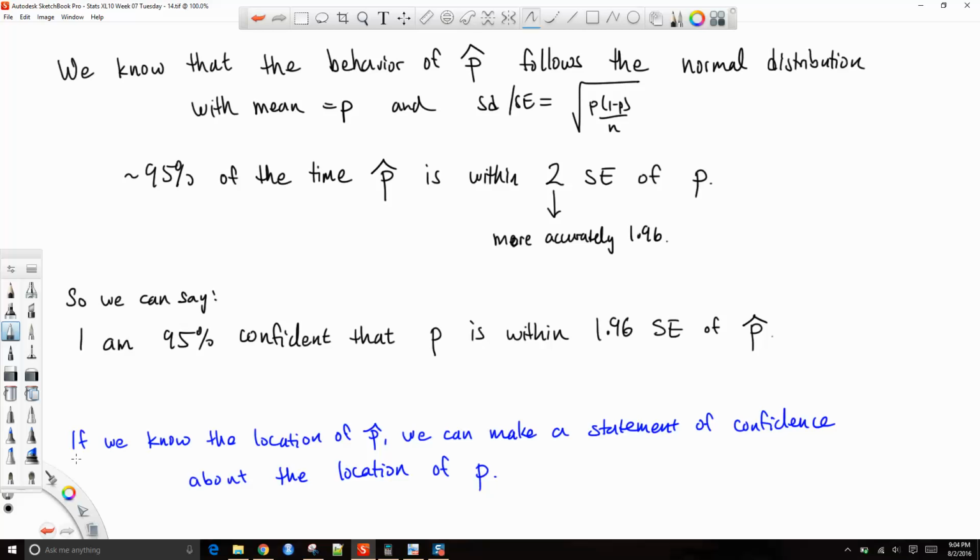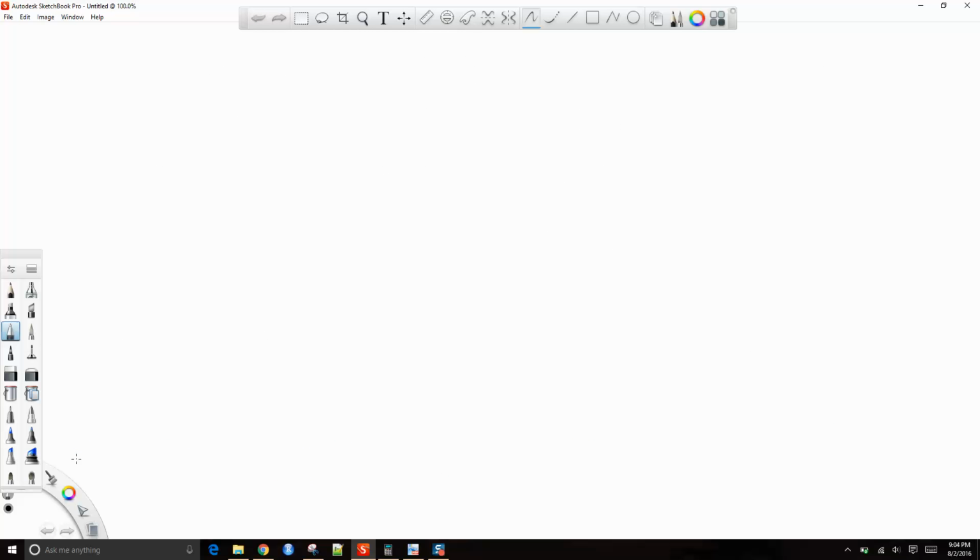The standard error for p hat is the square root of p times 1 minus p divided by n. What is p? P is the population proportion. Do we know what the population proportion is? We don't, okay? So we have a problem. We do not know p.